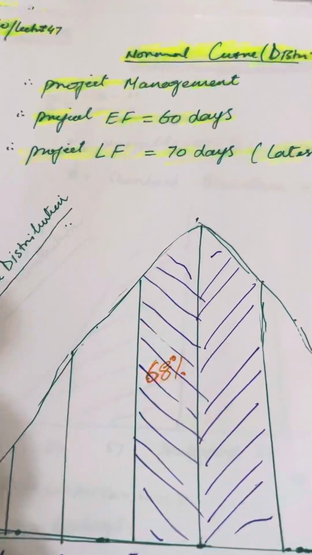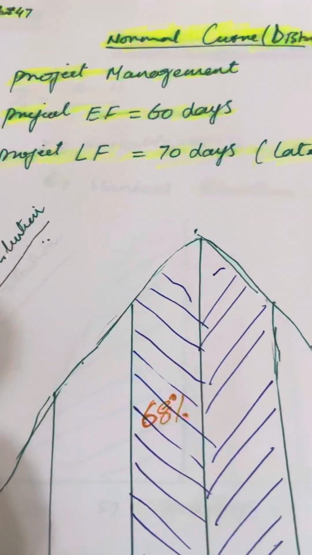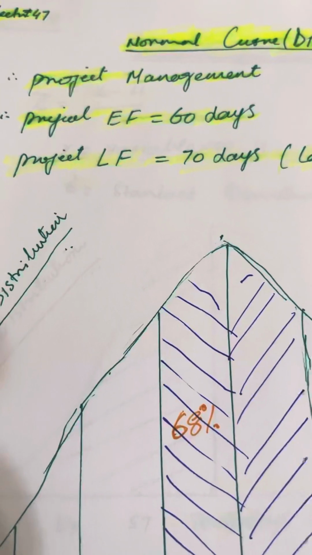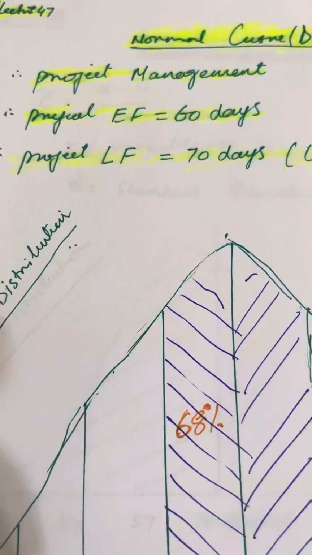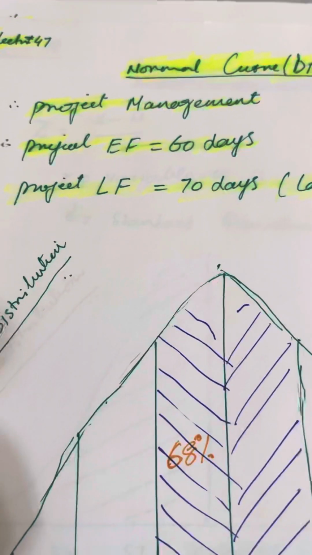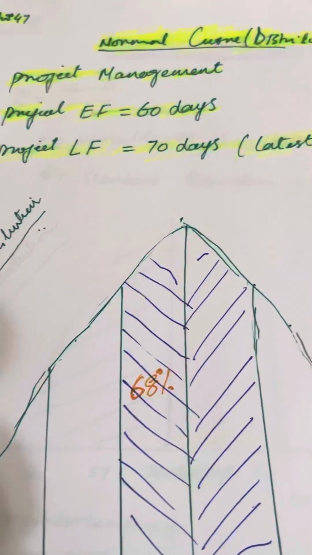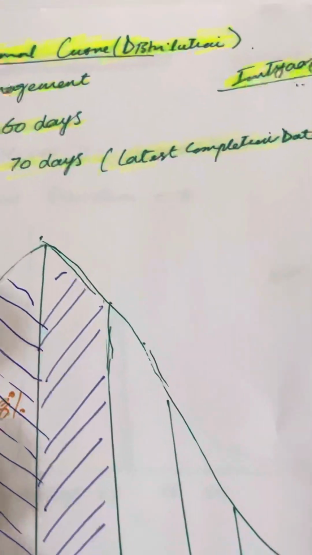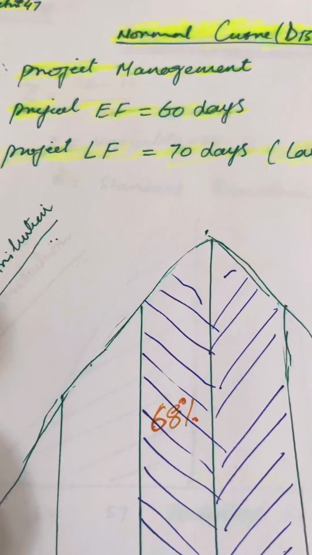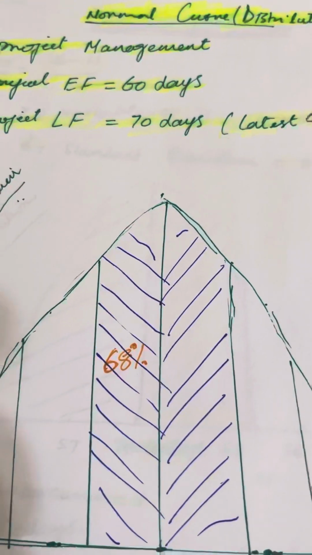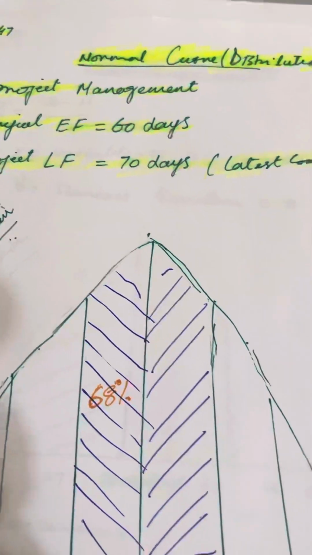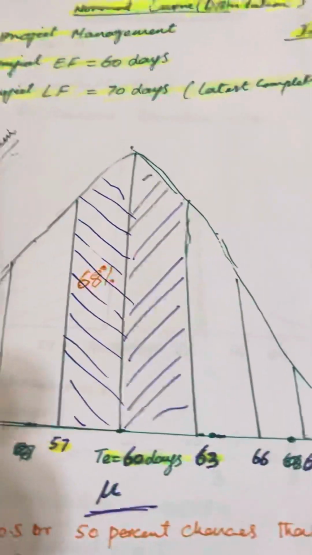But now we are going to use this to calculate the probability of completing our project within a certain number of days or time, whichever location you want to pick under the curve. So you can calculate and draw the probability of completing the project.